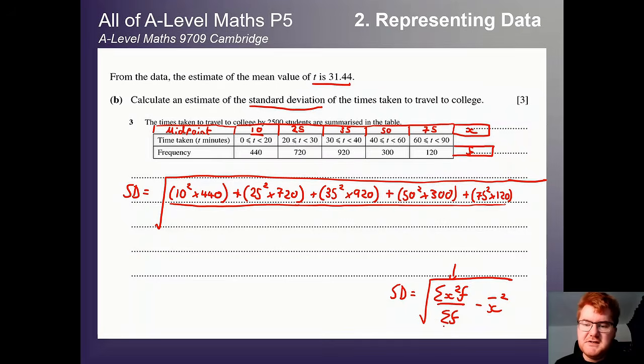Remember, this summation sign just means the sum or total of the frequencies. Now we're told in the question there are 2,500 students. So we pop that on the bottom, and then not forgetting to minus the mean squared. We're told the mean in the question, 31.44, so we need to do 31.44 squared. Now I've shown the examiner exactly how I'm going to go about doing this. It's all up to the calculator to do this correctly.